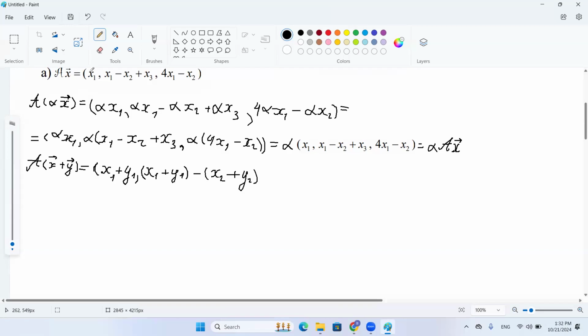So I just substitute x with this sum. So x1 with x1 plus y1, x2 with x2 plus y2, and x3 with x3 plus y3.